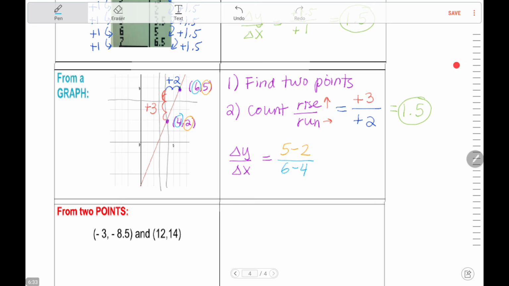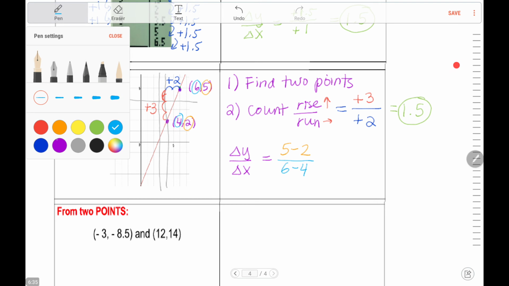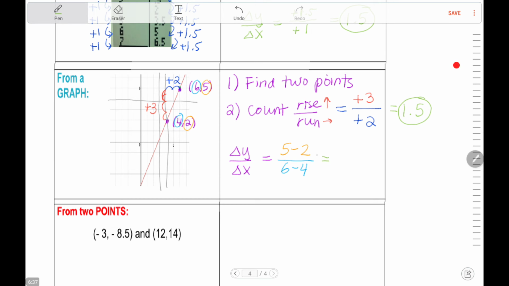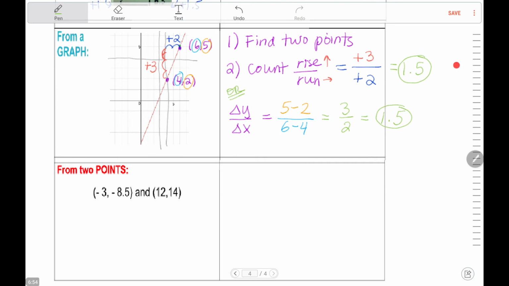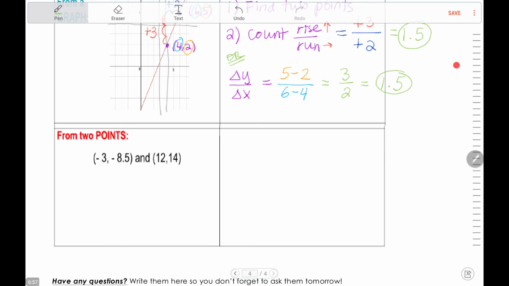Those are the change in y over the change in x. And then let's calculate. 5 minus 2 is 3. 6 minus 4 is 2. 3 over 2 is 3 divided by 2, which is 1.5. Either way works. So there's 2 ways we can do it. From 2 points, that's exactly the method I just showed you up above.